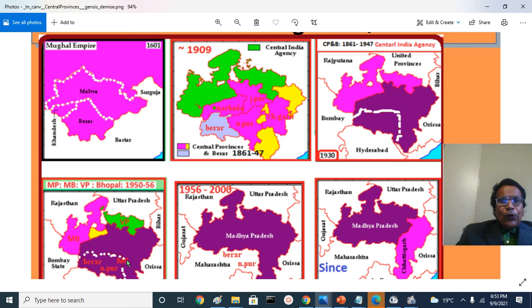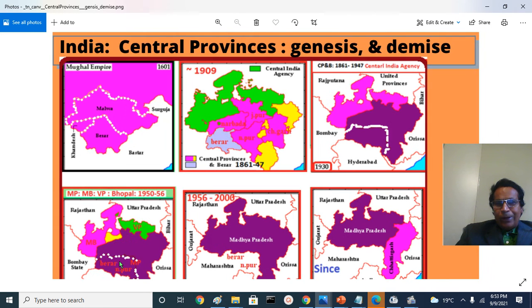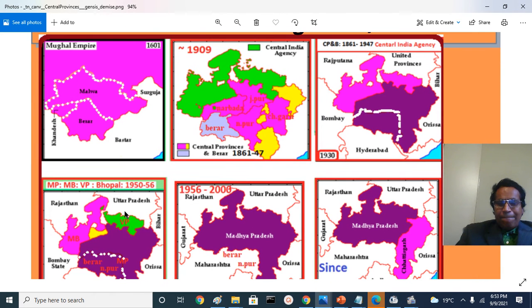So the core, the capital, Nagpur city, was in the Vidarbha region or Nagpur division. That has, I think, 5 districts: Wardha, Nagpur, Bhandara, Chandrapur and Balghat. Balghat district was north of the Satpura mountains, you see, so that was Hindi speaking also.